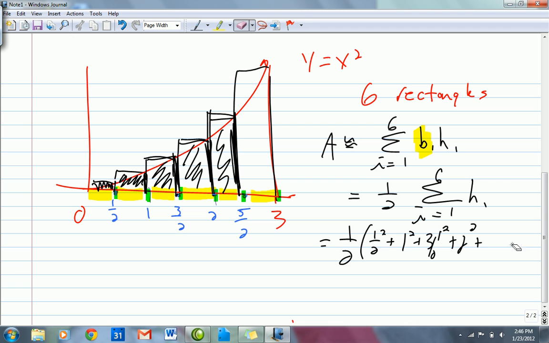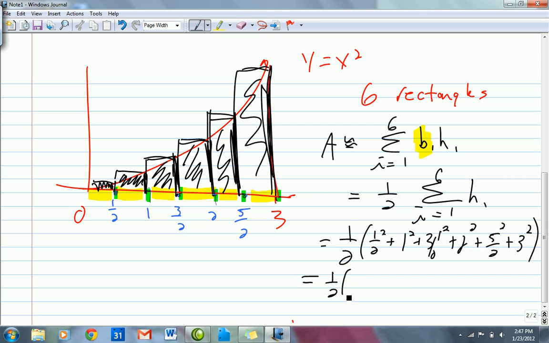I'm just coloring them in to keep track. And plus 3 squared, which is the height of the sixth rectangle. Okay, and if I calculate that sum, I will get a better approximation of the area.